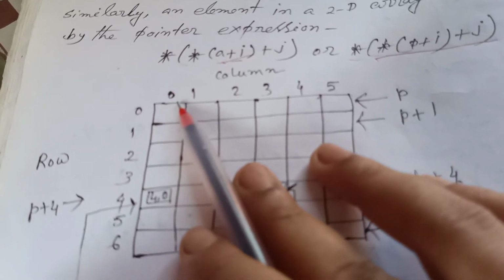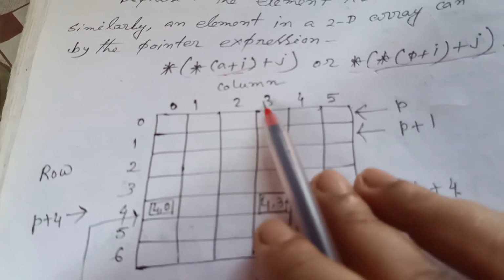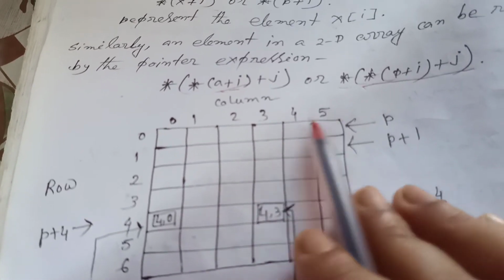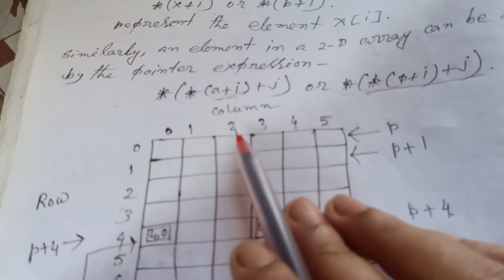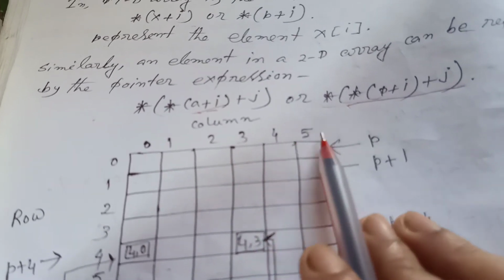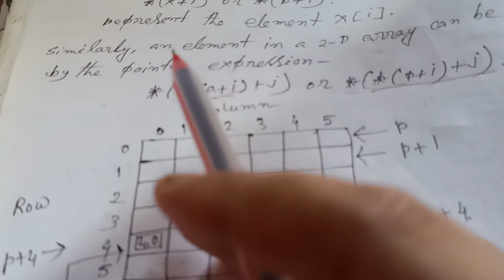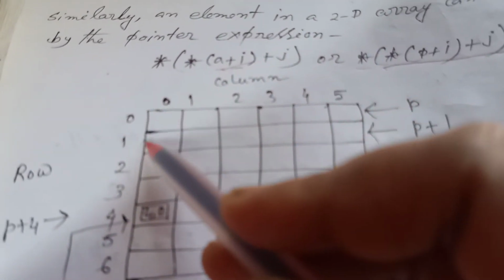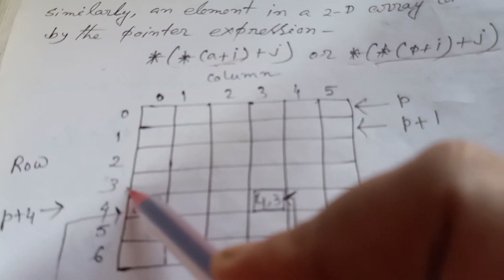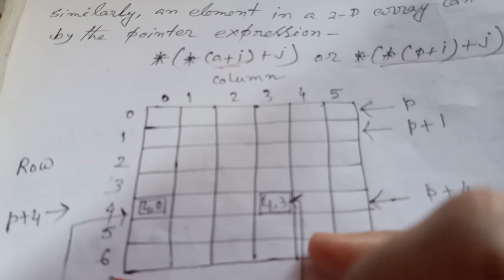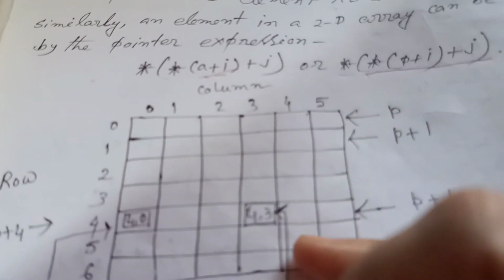In column 0 1 2 3 4 5, that means 1 2 3 4 5 6, that means in the column 6 elements can be stored, and in the row 0 1 2 3 4 5 6, that means 7 elements can be stored.